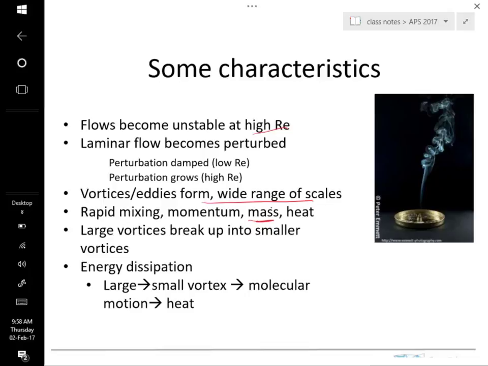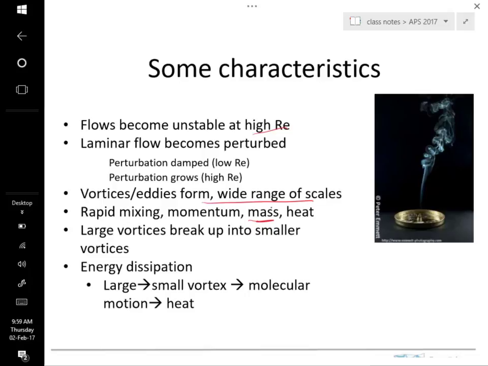Friction. Friction, yep. And what's the scale at which friction is happening? Small. It's a small scale, yeah.